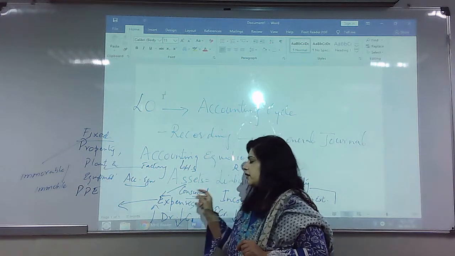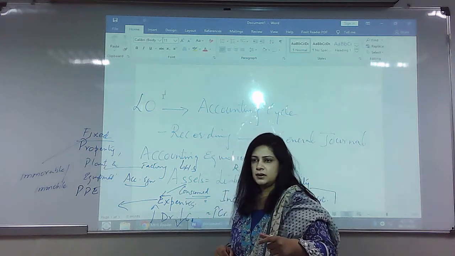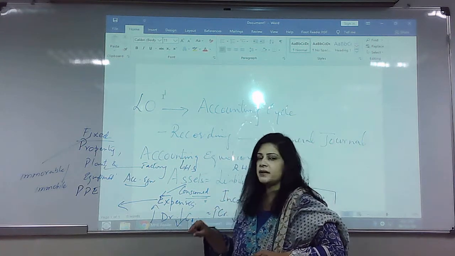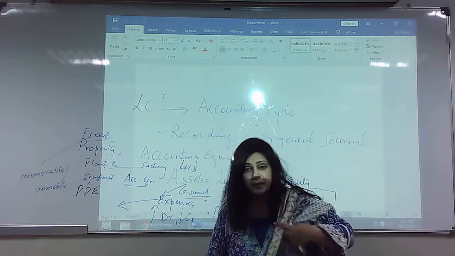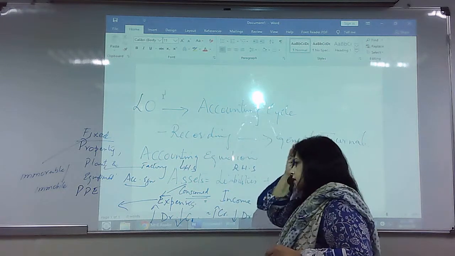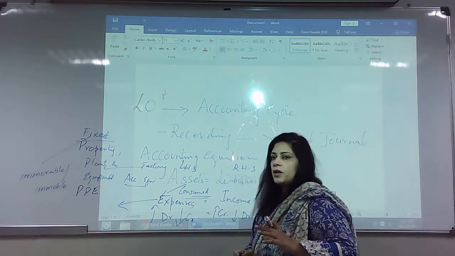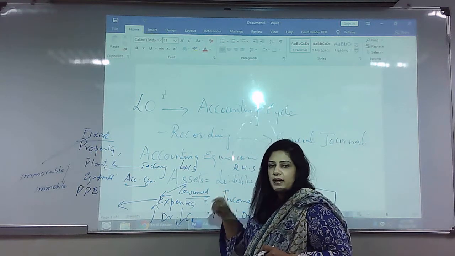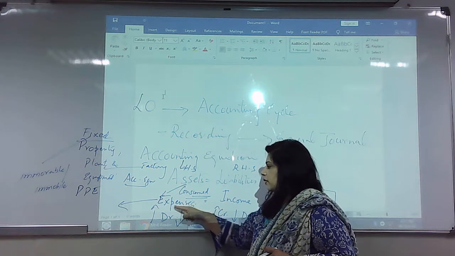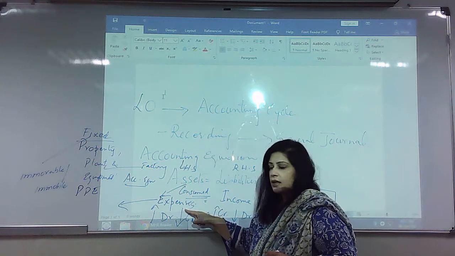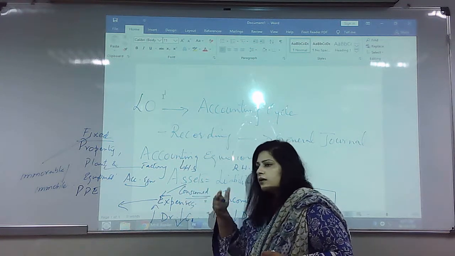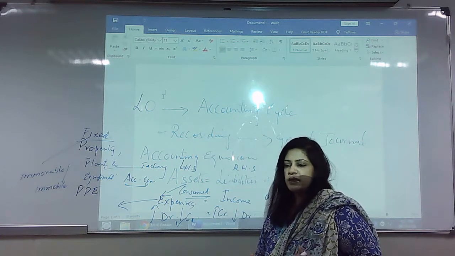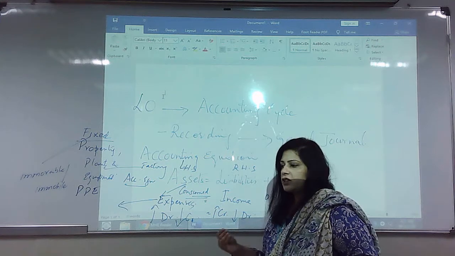So either there's some compensation for that diminishing, or this asset has to be replaced. Whatever we spend on either replacing or repairing it comes under the header of expenses. And other than that, there are also other sources of expenses, like maybe you need some stationery. You need to buy chairs, tables.